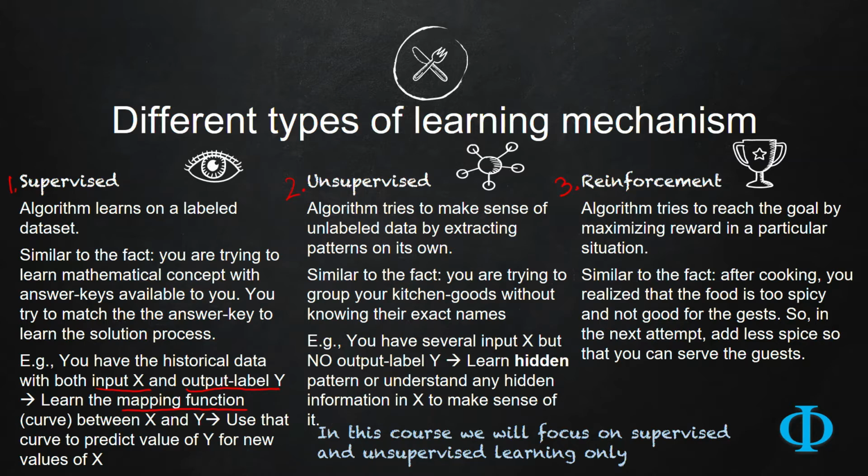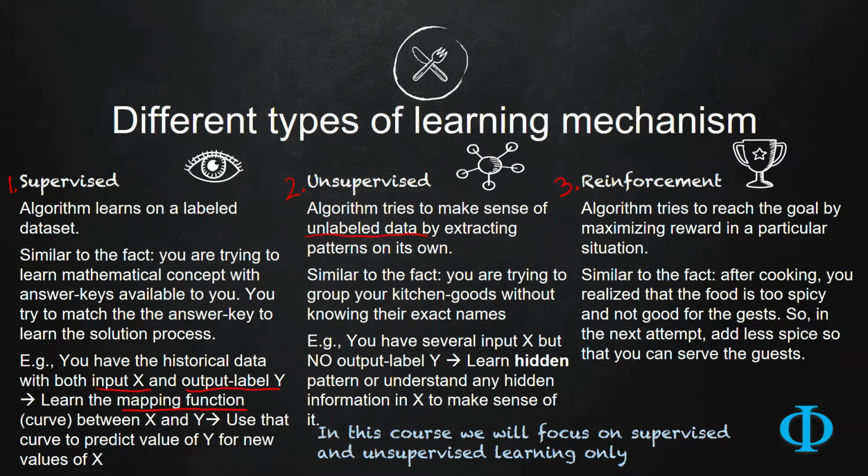Here, by saying unlabeled data, we mean that the output label is not present. It is almost similar to the real world situation when you are trying to group your kitchen goods without knowing their exact names. It is very common, right?